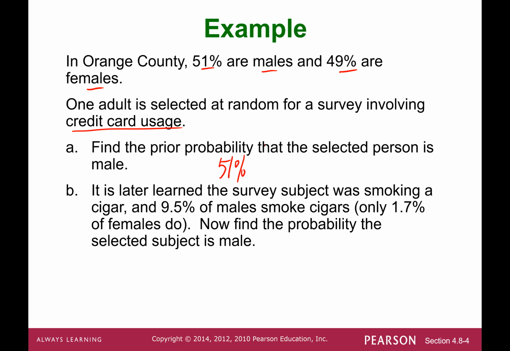And then it's later learned that the survey subject was smoking a cigar, and 9.5% of males smoke cigars, and only 1.7% of the females smoke cigars. Now find the probability that the selected subject is male. The prior information here is 51% males and 49% females.